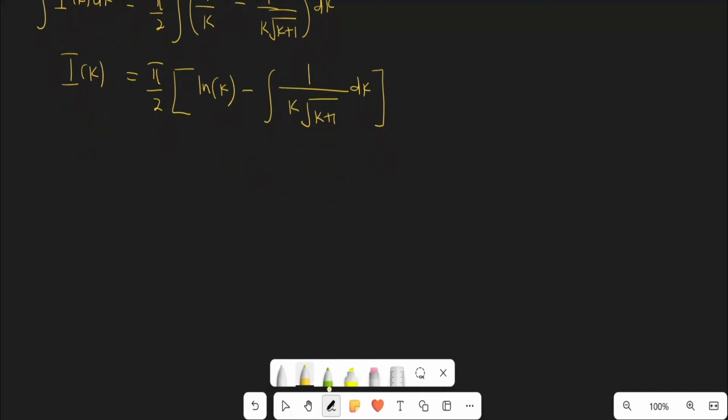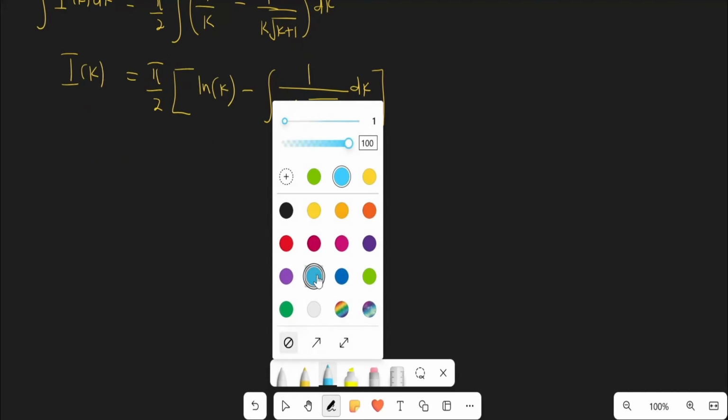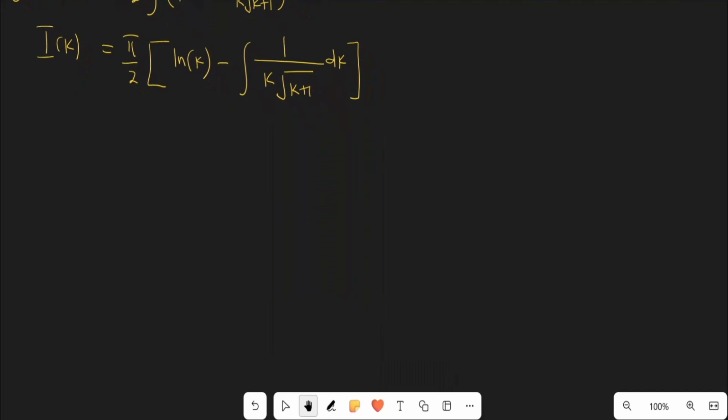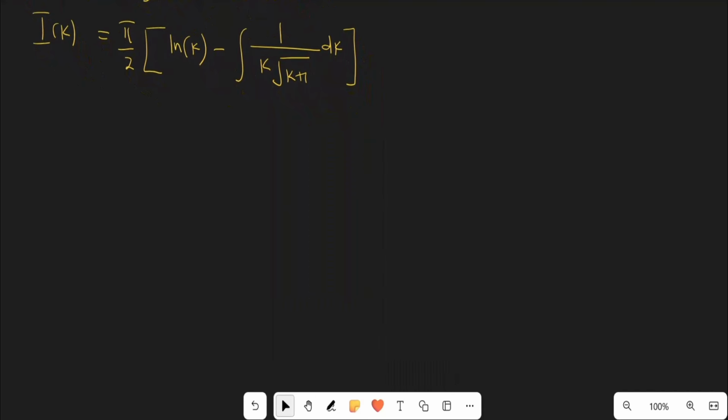So here, permit me again, I am going to solve this one doing a trig sub, right? The substitution I'm going to use, I am going to let k be equal to the cotangent square of theta, right? And when I do that, dk is going to be equal to what?